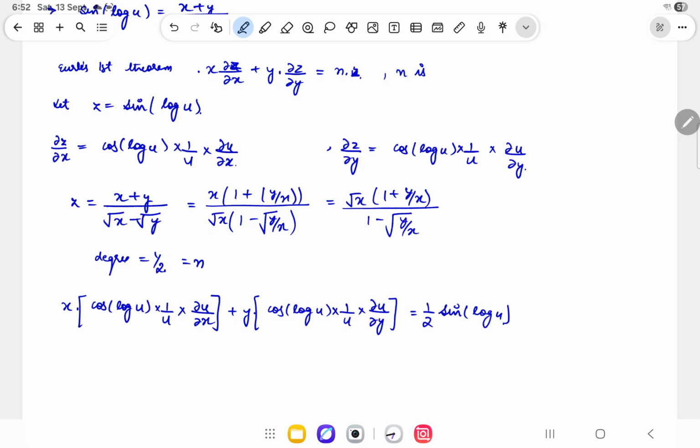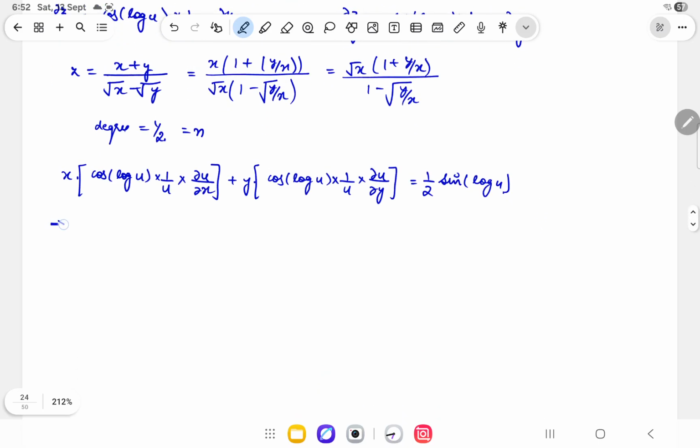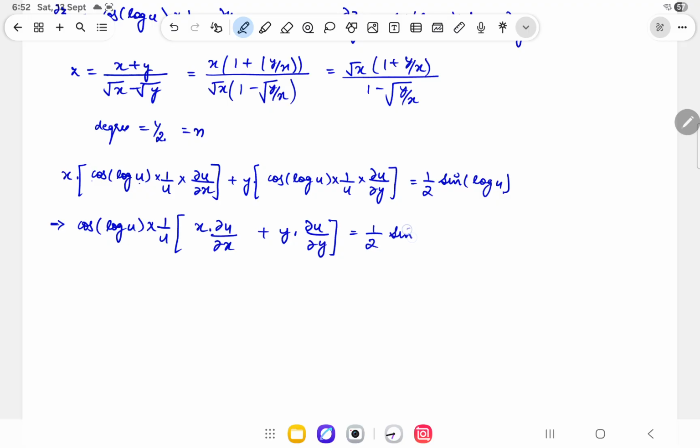Now if I simplify, I can take cos log u into 1 by u common, so I get cos log u into 1 by u into x del u by del x plus y del u by del y equals 1 by 2 sine log u.